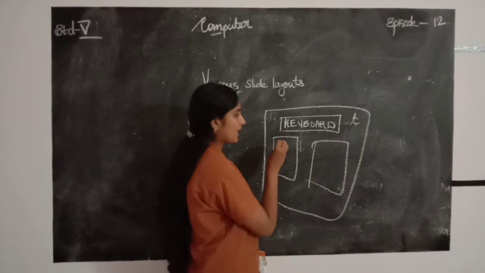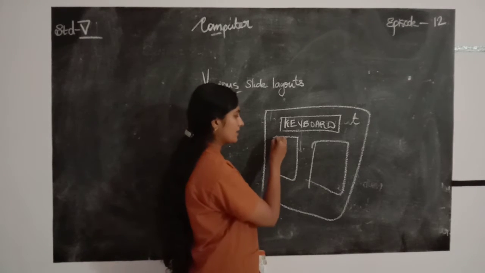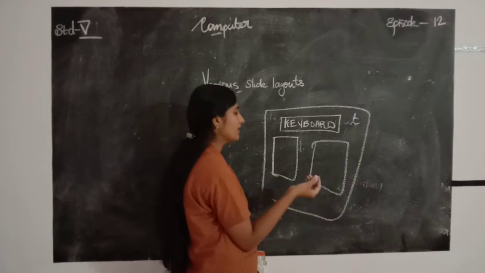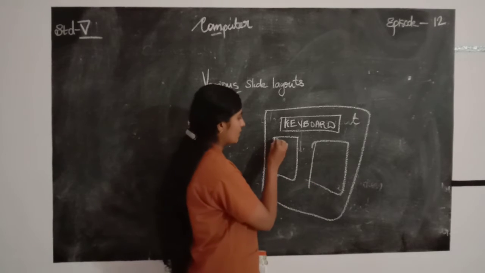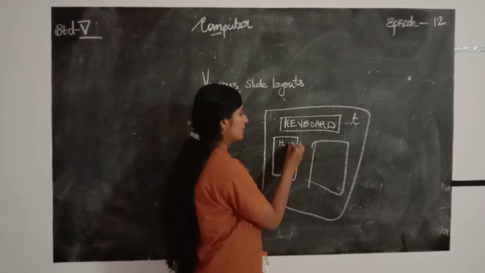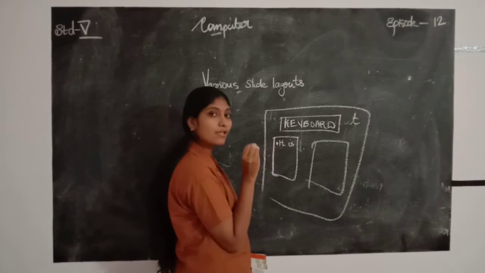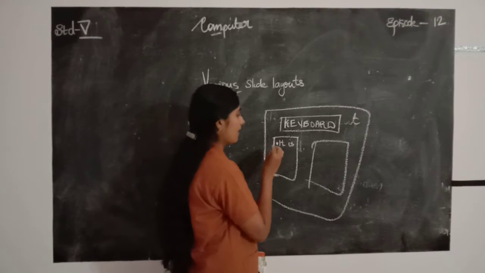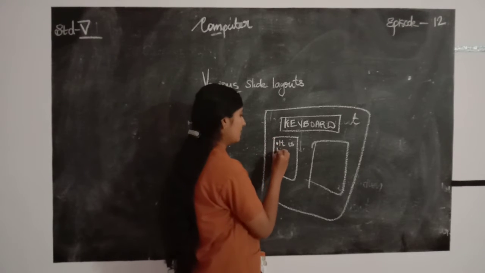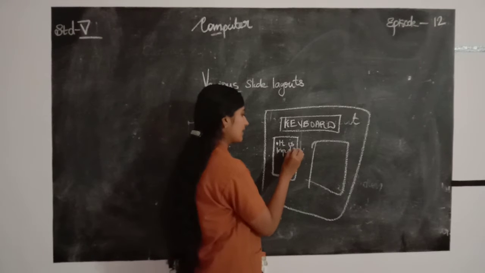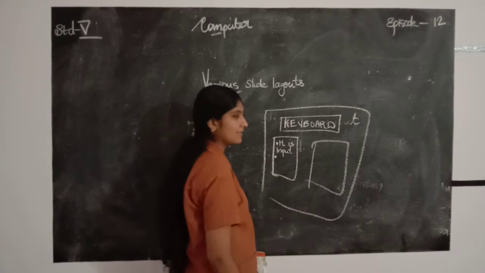If you want to write any information in this placeholder, just click on it and write. For example, it is an input device. So the text starts with a bullet mark. So it is an input device, and after entering it, a bullet comes on the second line.